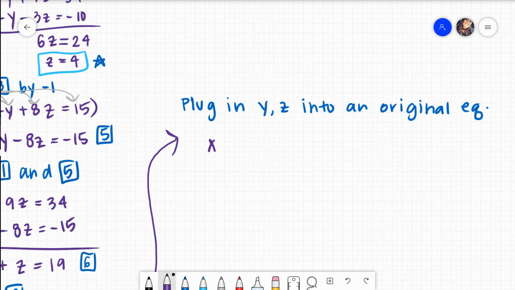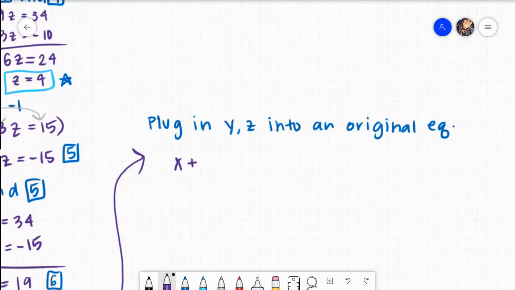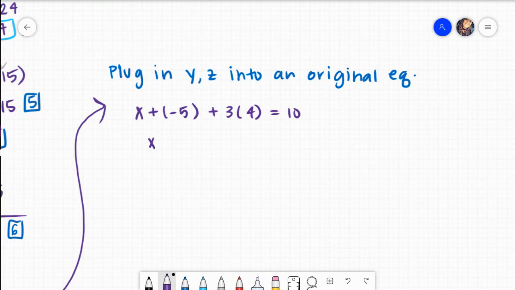And it says plus y, which is negative 5. And then we have plus 3 times z, which is 4, equals 10. We're literally just going to solve this and see what we get for our x, okay? So we actually have x, that's going to be a negative 5. 3 times 4 is 12.